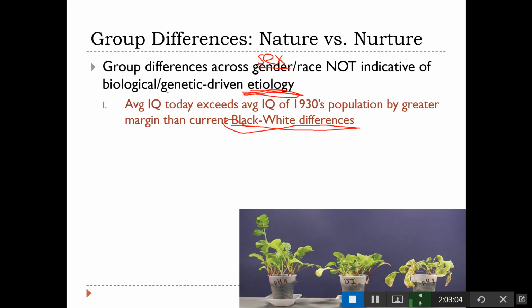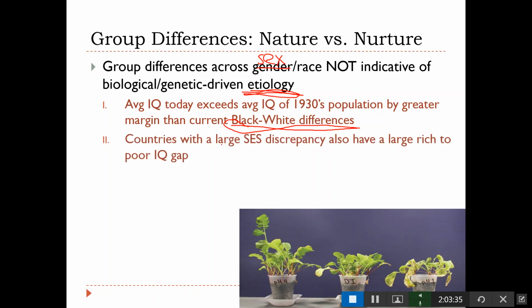And that difference, okay, between today's IQ and the 1930s is a much greater difference than the differences we see between black and white individuals, okay, or Hispanic and white individuals. And so again, that means that there's only a small difference between black and white individuals, Hispanic and white individuals in terms of IQ on average, okay, it's a really tiny difference versus if we compare people back in the day to our current IQ, right?